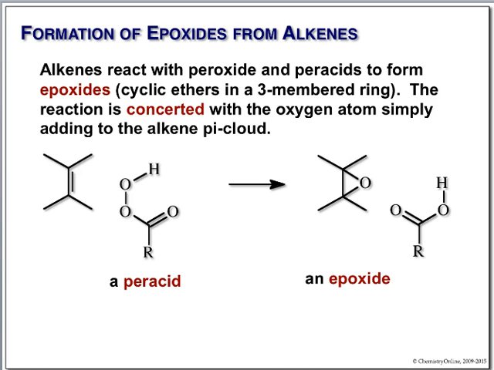Remember how carbene kind of came in and just sat there on the pi system and magically inserted itself, right? We saw that. Well, a peracid does the same thing in one magical step. What it's going to do is donate this oxygen to the pi system. Kind of looks like this.